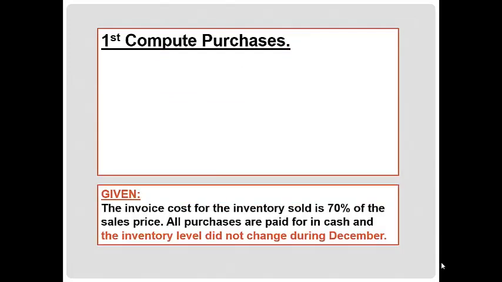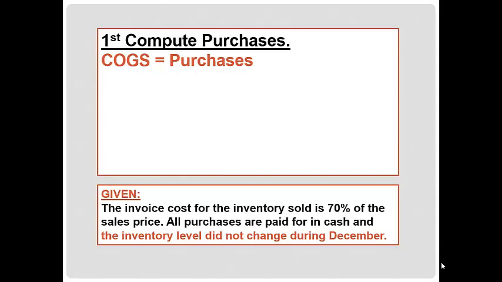What we were given about inventory is that the inventory cost for the inventory sold is 70% of the sales price. All purchases are paid for in cash, and the inventory level did not change during December. Now I've highlighted that last part of the statement because what that means is that cost of goods sold and purchases are equal.